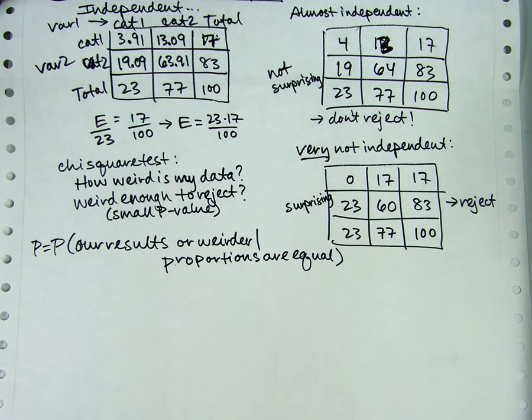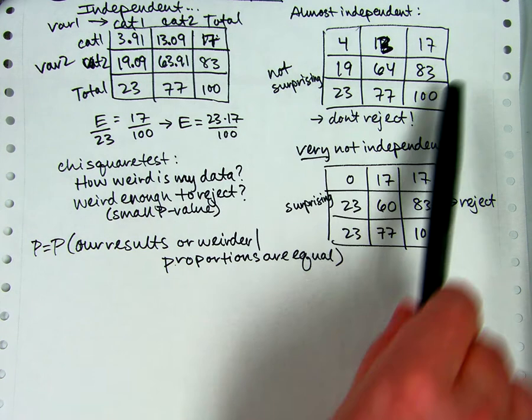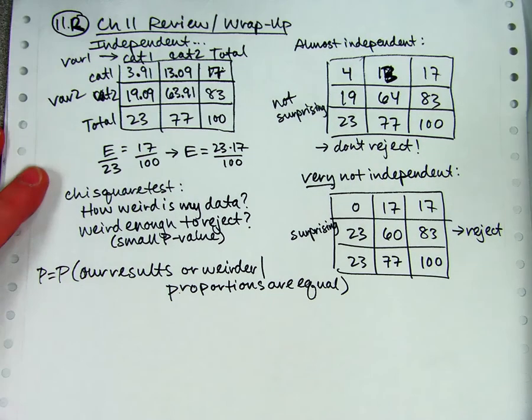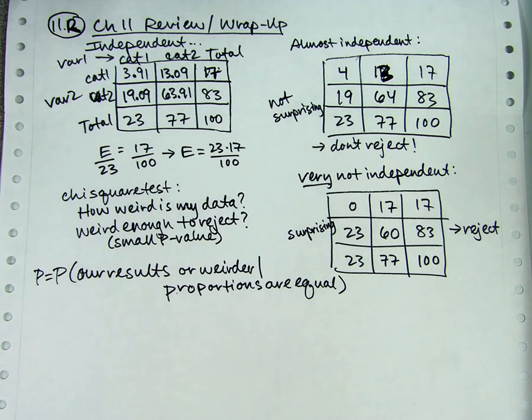So I wanted to give you that one more insight into what it is we're calculating here. When we find chi-squared and a p-value, it's telling us how weird our data is, or the probability of getting this weird or weirder, given that there's no difference. So that's kind of a wrap up of the hypothesis testing idea.